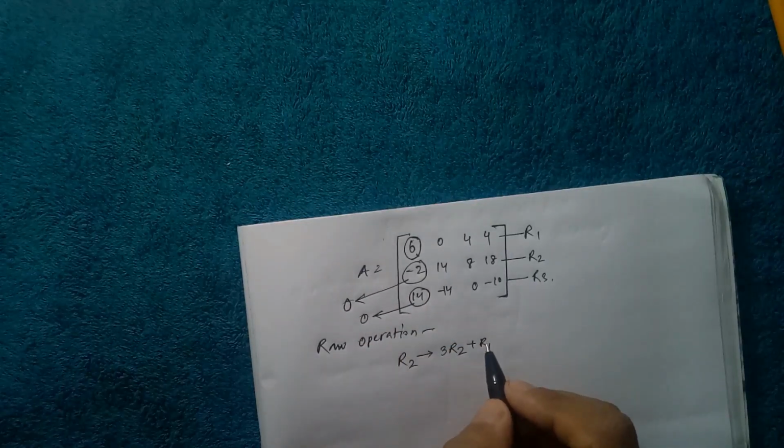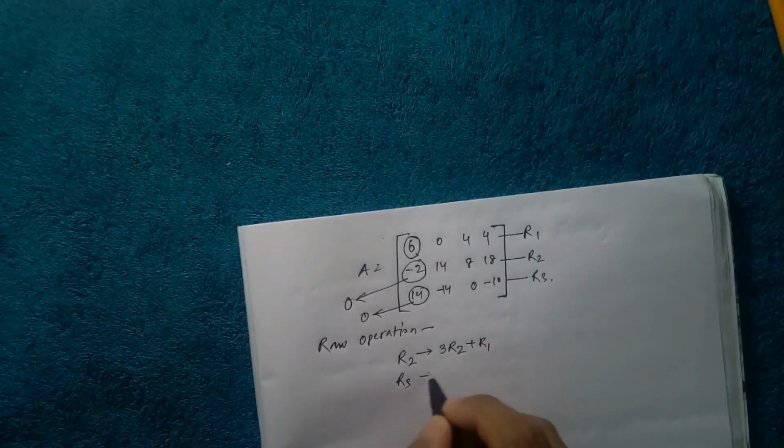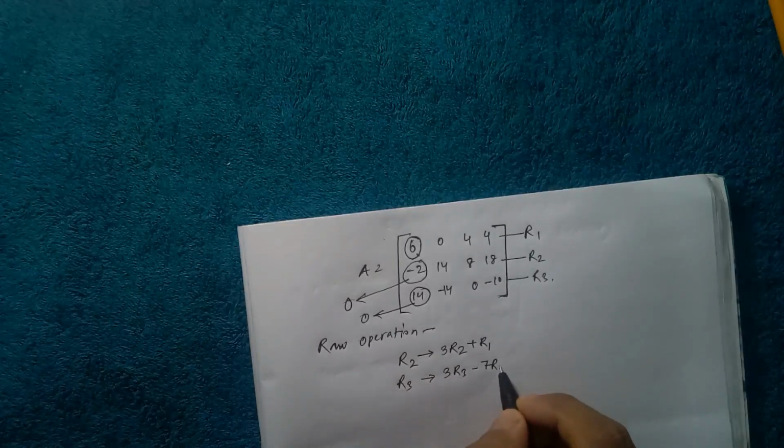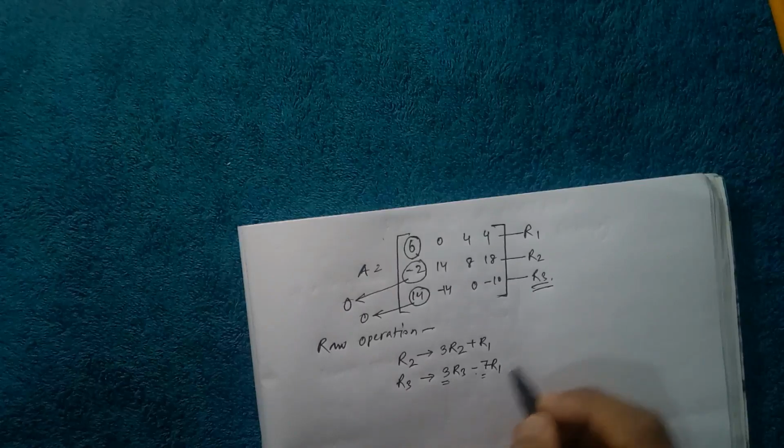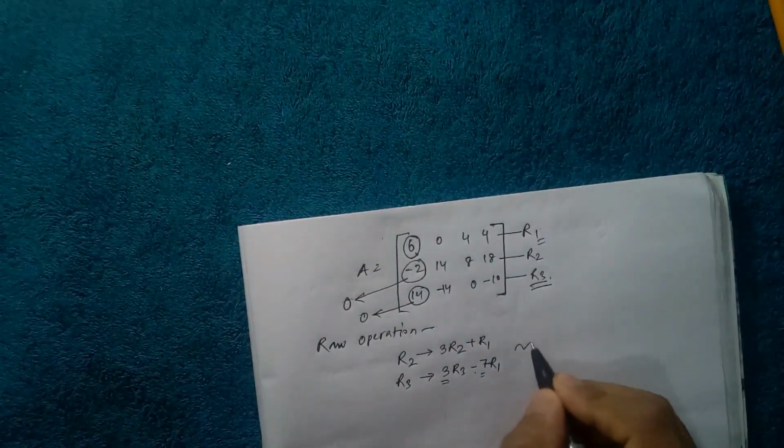Use again a row operation. R3 tends to thrice R3 minus 7 R1, which is similar to this.